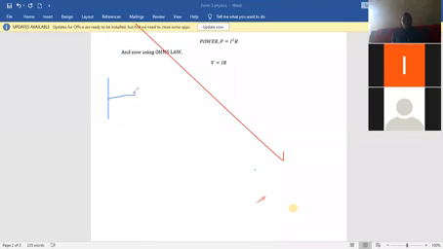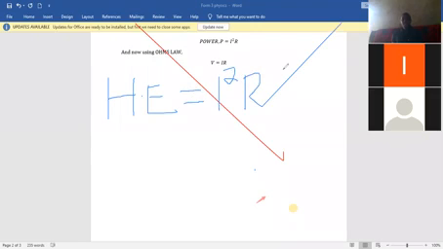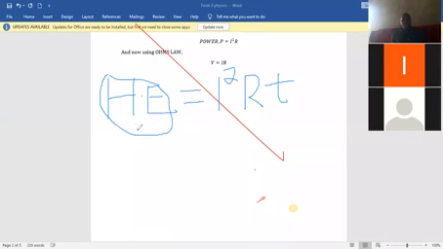We have said heat energy. Heat energy is the same as I squared times R times T. And this heat energy is the same as work done in moving the electrons around the circuit, in moving the electrons in that resistance wire.